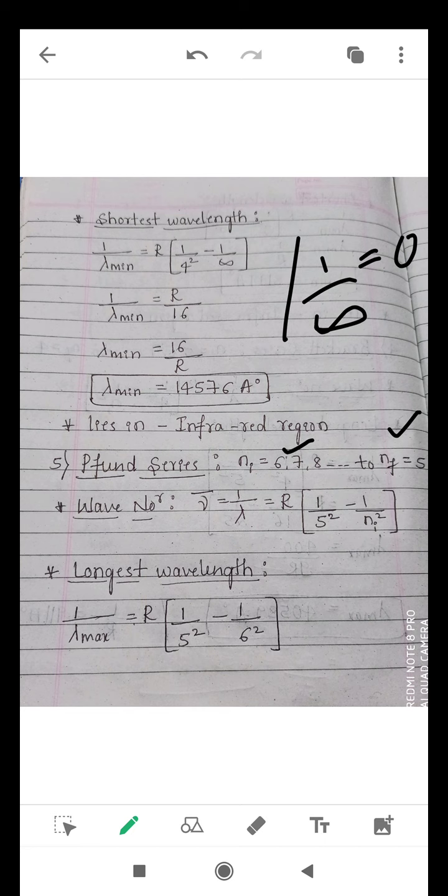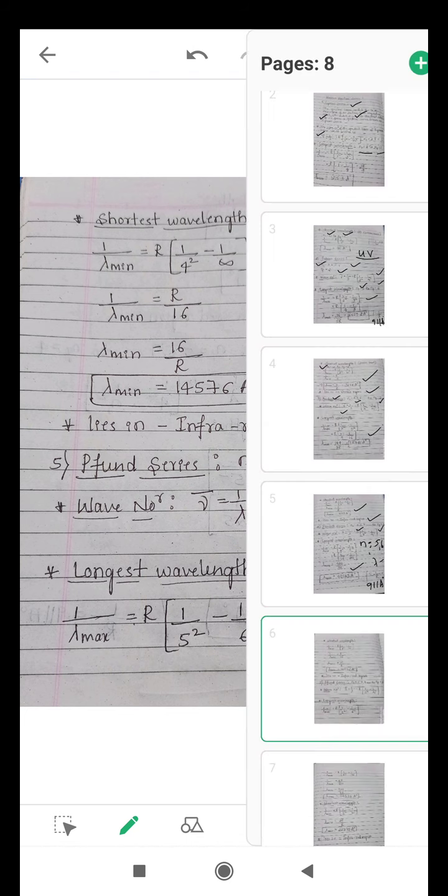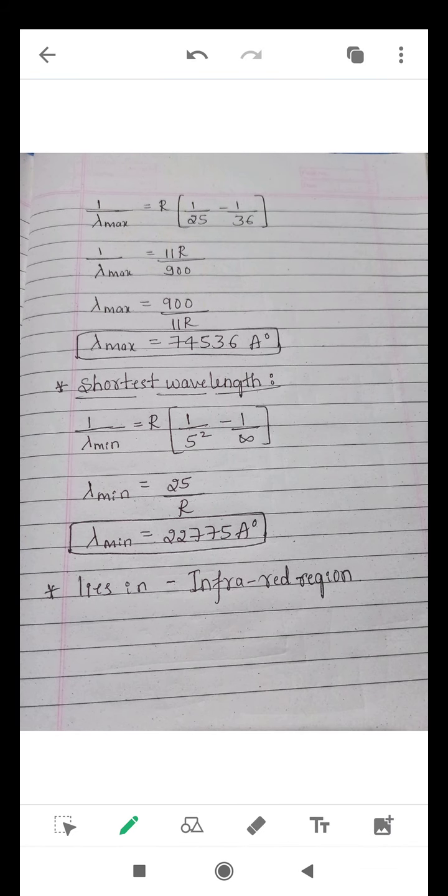Now let us calculate the longest wavelength for the Pfund series. So 1 divided by lambda max is equal to R times of 1 divided by 5 square minus 1 divided by 6 square. So the value of that is lambda max equal to 900 divided by 11R, which is 74536 angstroms.